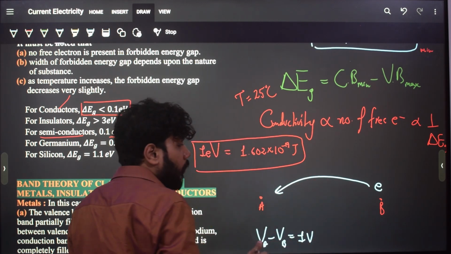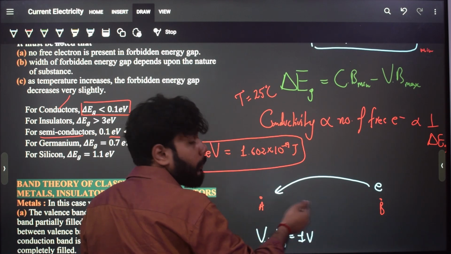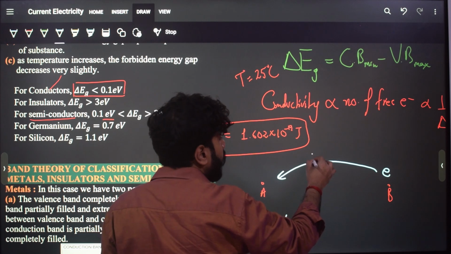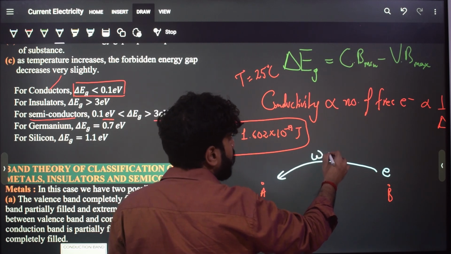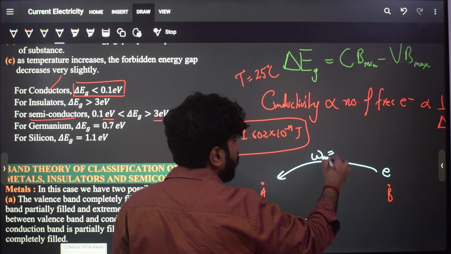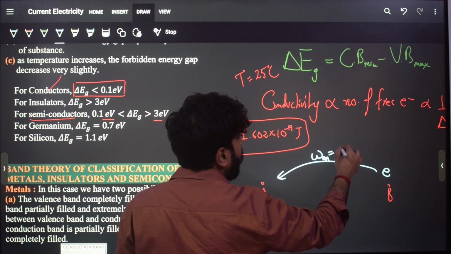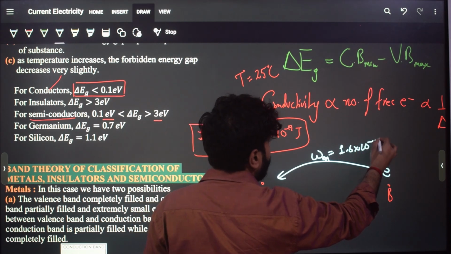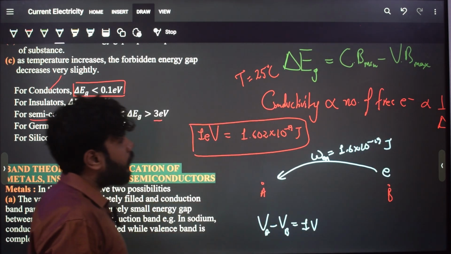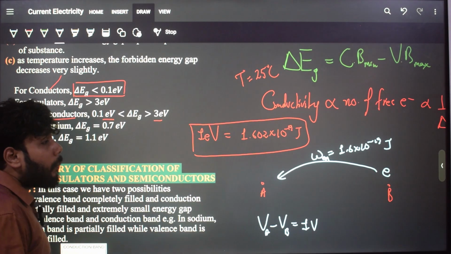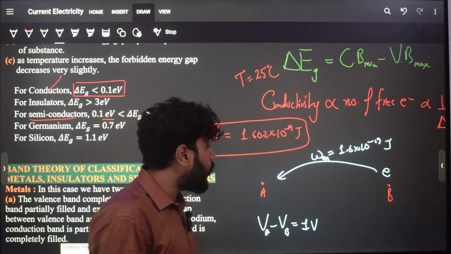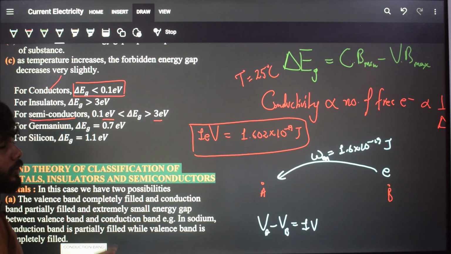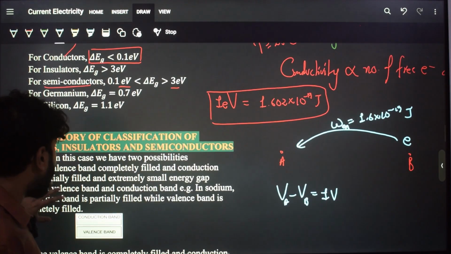The external work required to bring 1 electron from B to A, where the potential difference is 1 volt, is 1.6 times 10 to the power minus 19 joule. That's how we have defined 1 electron volt. How much energy is required to move 1 electron from B to A, where the potential difference of B and A is 1 volt? The energy required is known as 1 electron volt.